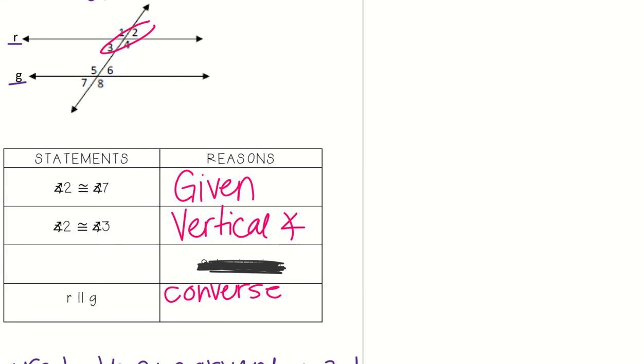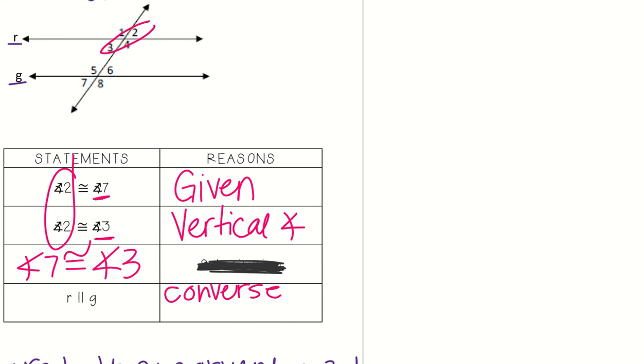Okay? If 2 is congruent to 7 and 2 is congruent to 3, both of these angles are congruent to the same angle, right? So that means 7 is congruent to 3.